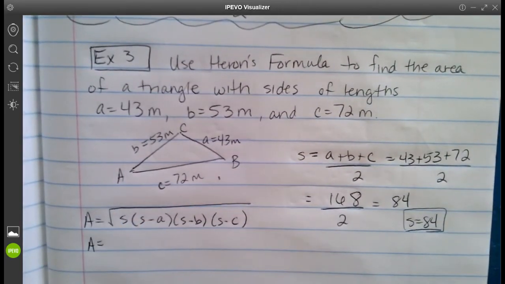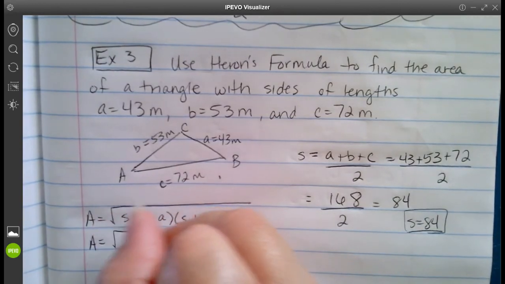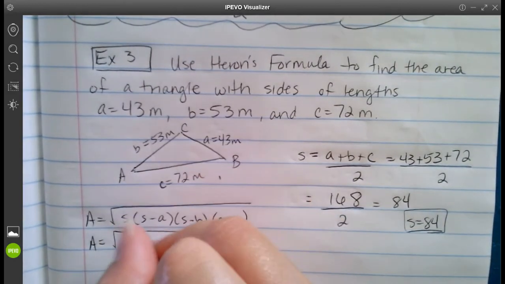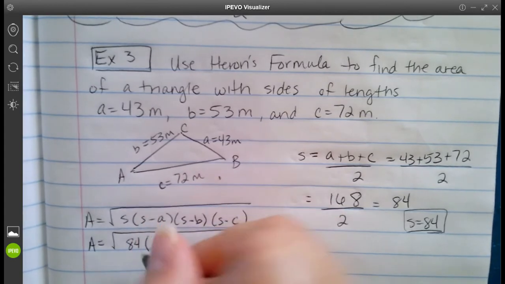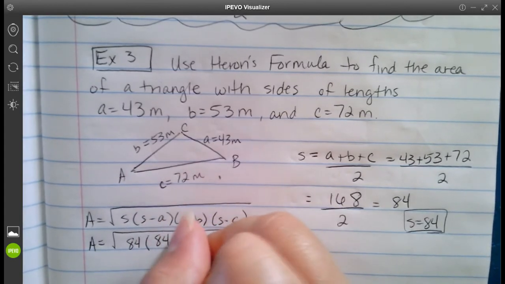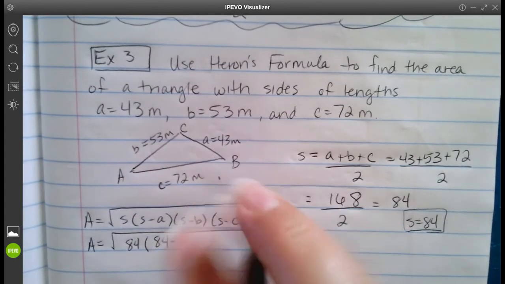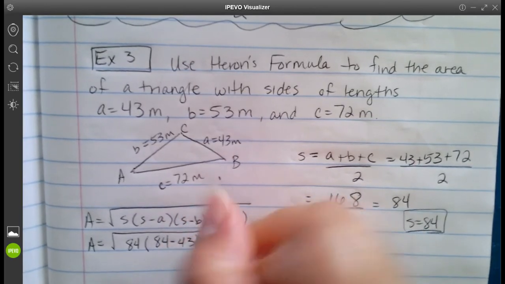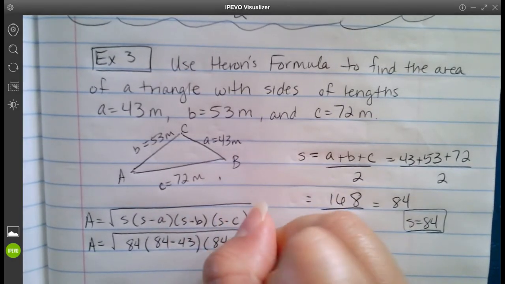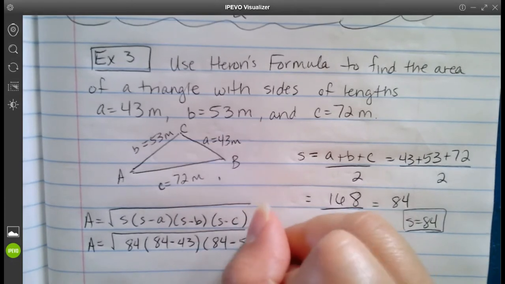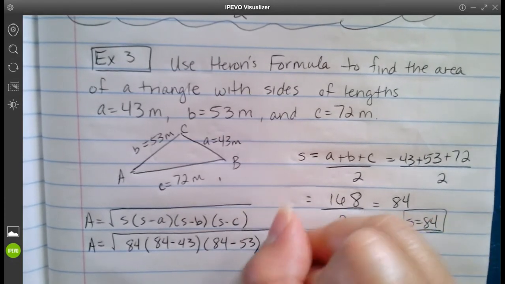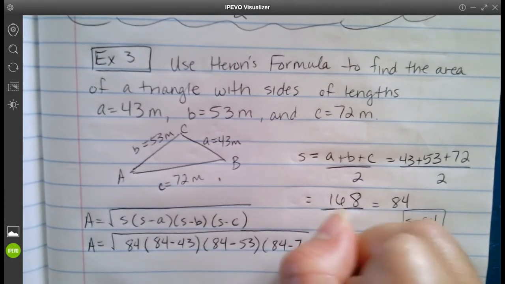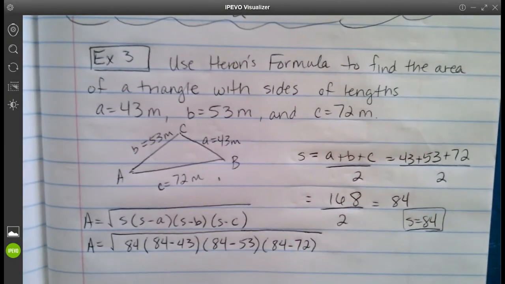So A equals the square root of 84 times 84 minus A, which is 43, and then 84 minus B, which is 53, and then 84 minus C, which is 72. And then you basically just plug this in, yeah?